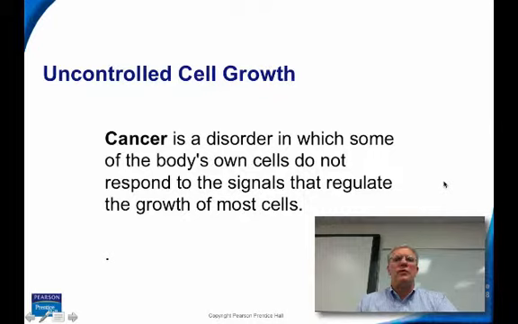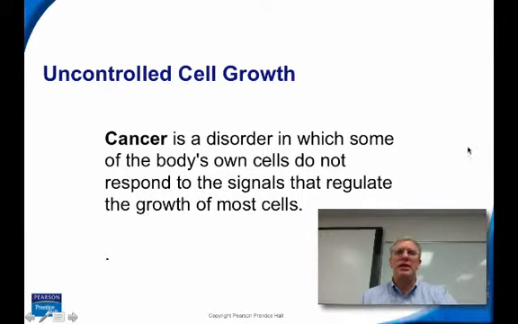Now what happens if the cell doesn't respond properly to these stimuli? Well, that's when cancer takes place. Cancer is a disorder in which some of the body's own cells don't respond properly to these signals. And when that happens, the cells just undergo uncontrolled mitosis and form some sort of a mass or a tumor.